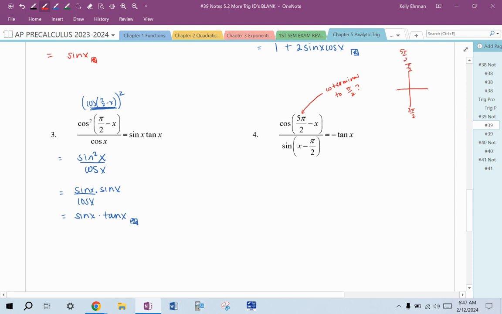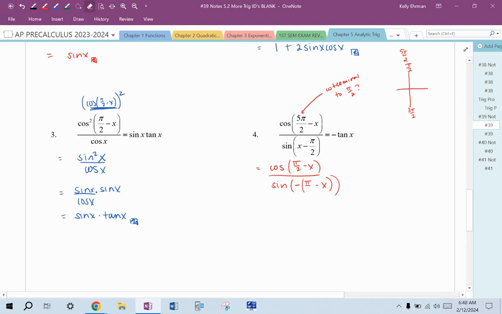Yeah, it is coterminal. So cosine of 5 pi over 2 is the same as cosine of pi over 2. Those values will be the same. So I can rewrite this to say, well, this is really just the cosine of pi over 2 minus x. And down here, the order is backwards. So let's rewrite the sine function too. The order of subtraction does matter. Oops, pi over 2 minus x.